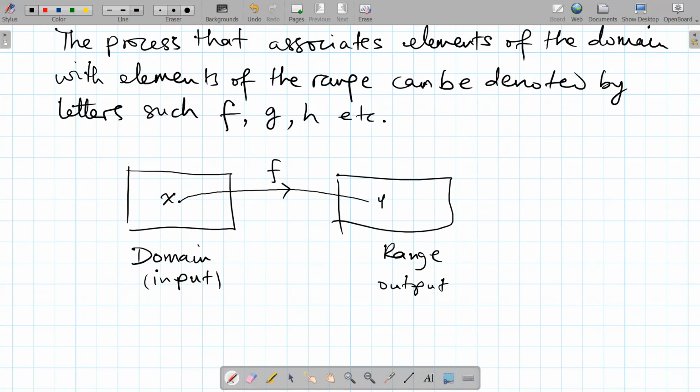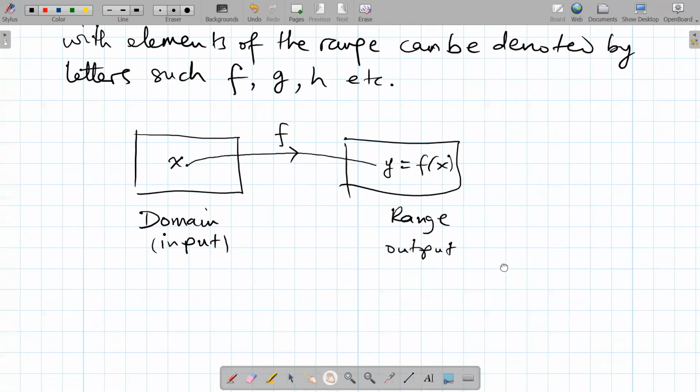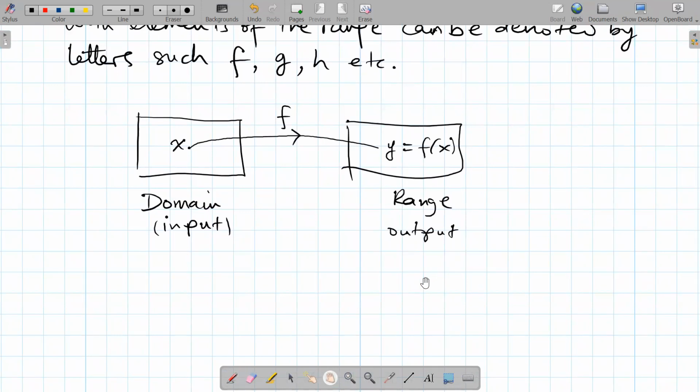So this is Y equal F of X. Okay, so this is how we represent that. This is the idea of function notation.